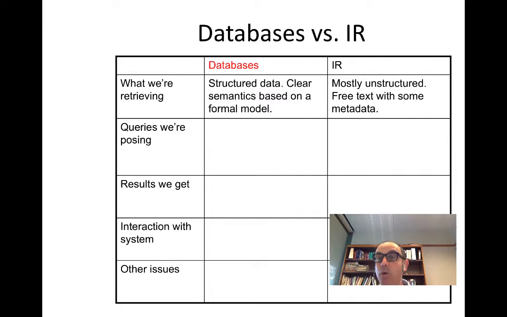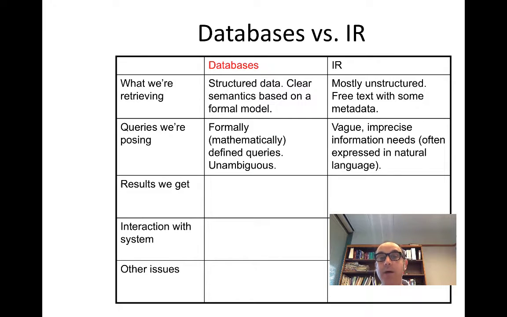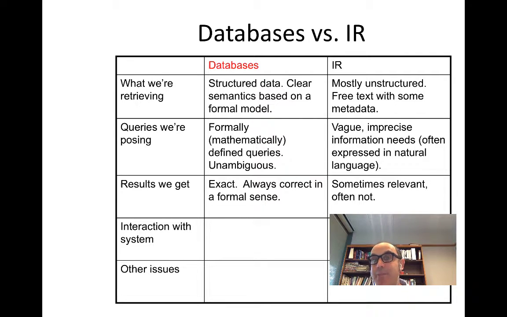In IR, it's mostly unstructured. It is free text with some metadata, and I will talk about metadata as we go along. So it is formal versus informal. The result we get in a database is always exact. It is always correct. In IR or in Google, sometimes it's irrelevant, sometimes it's not. And this is a big issue that Google is trying to fix.